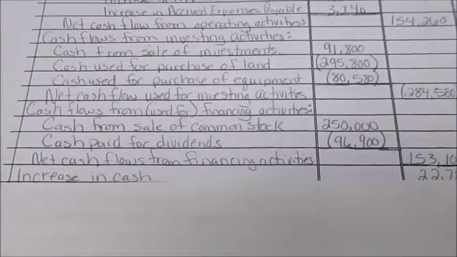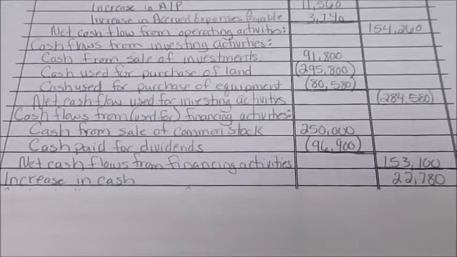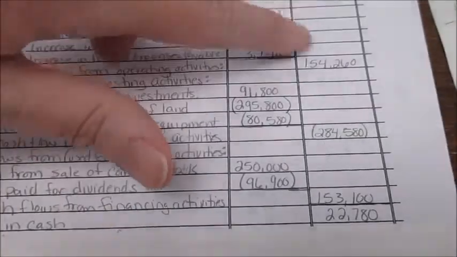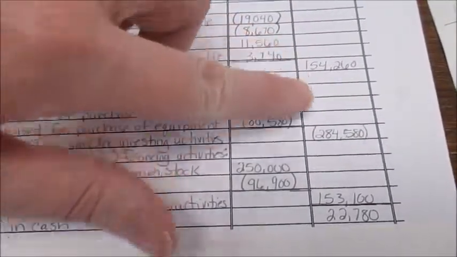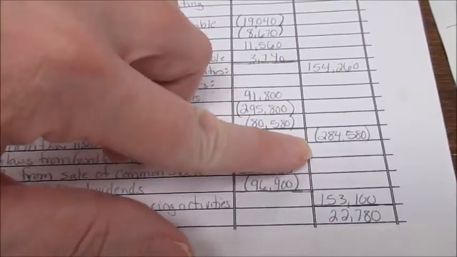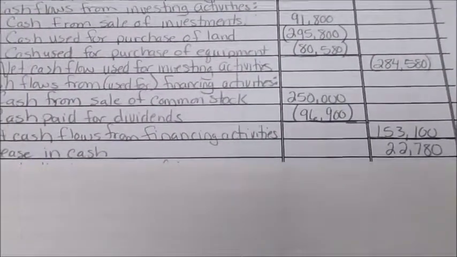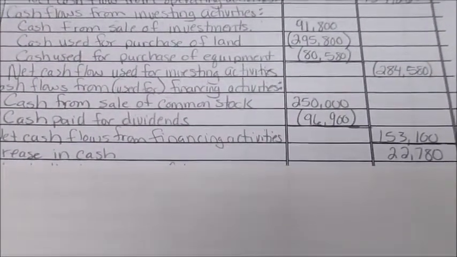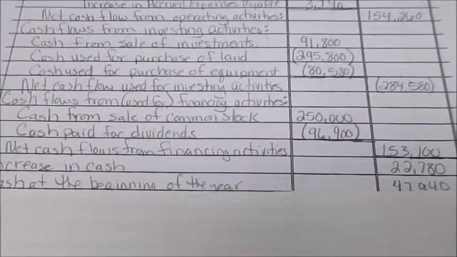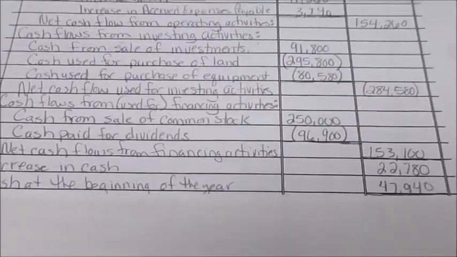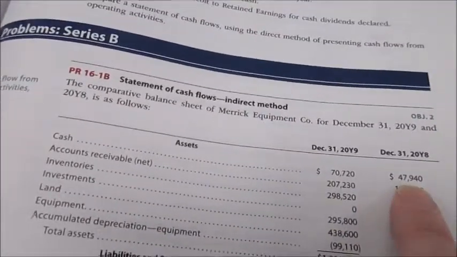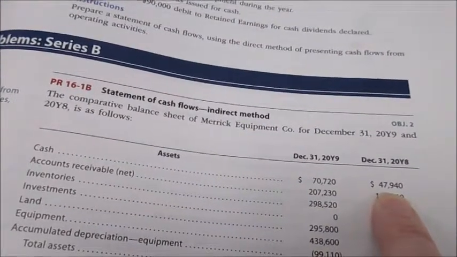We're then going to list what our increase in cash is. We're going to take these three numbers, this $154,260 minus $284,580 plus $153,100, and we get that our cash increased by $22,780. We're then going to list the amount of cash at the beginning of the year, and if we look in our book, it tells us our cash at the end of 2018 is $47,940.